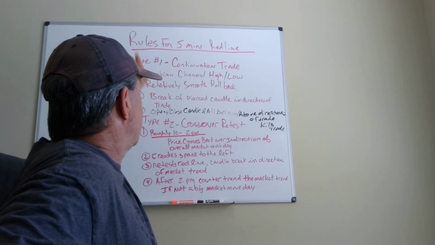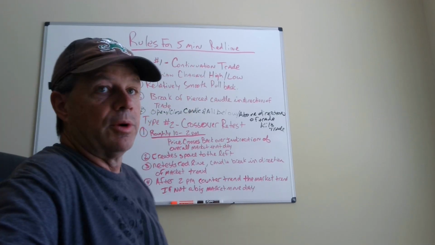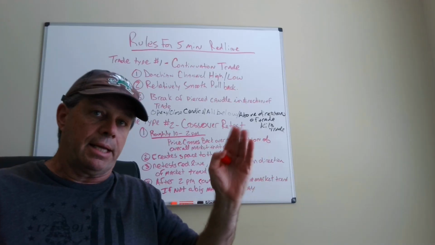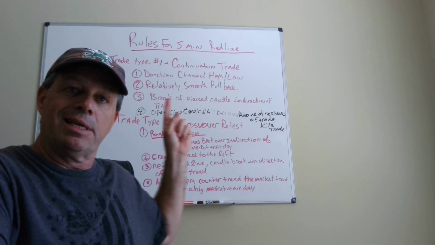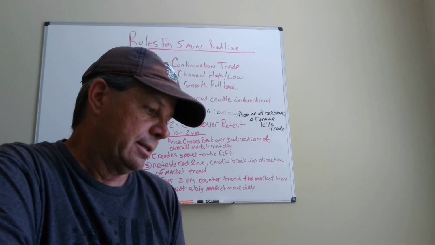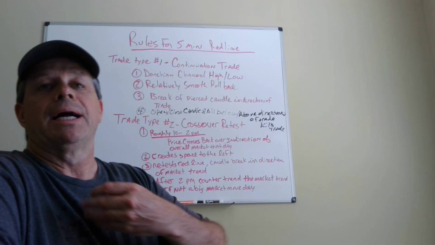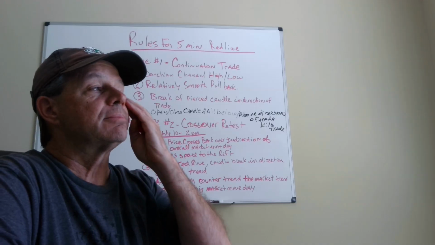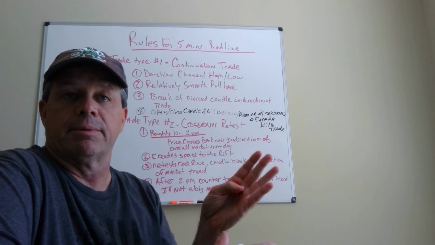So that is the continuation trade. So the hard part in that trade is, what is a relatively smooth pullback? A relatively smooth pullback is, see, this is what's hard about the 5 minute red line.